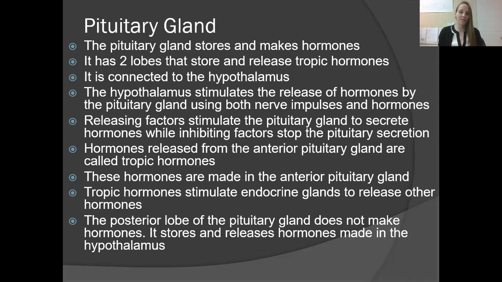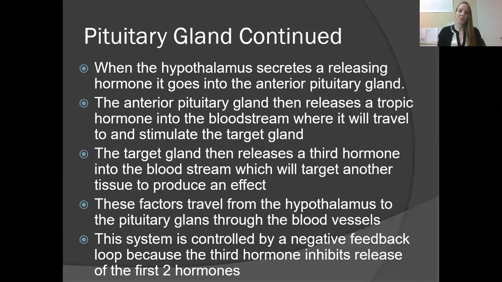Many of the hormones that are released from the anterior pituitary gland are called tropic hormones. Tropic hormones are just hormones that stimulate other endocrine glands, as opposed to muscles or something. So when the hypothalamus secretes a releasing hormone, it's going to go to the anterior pituitary gland.